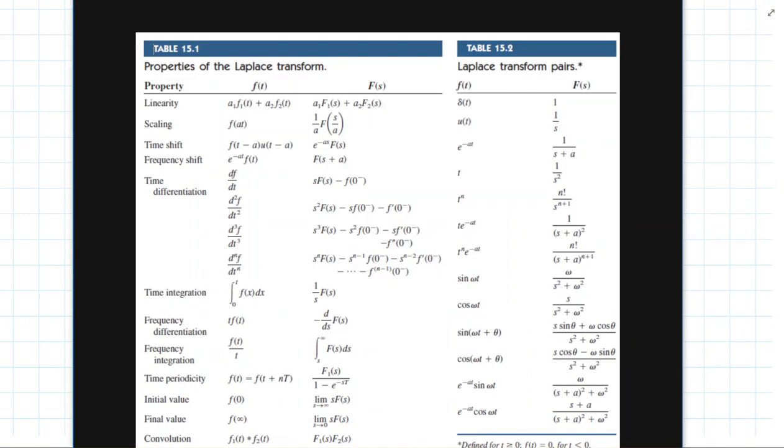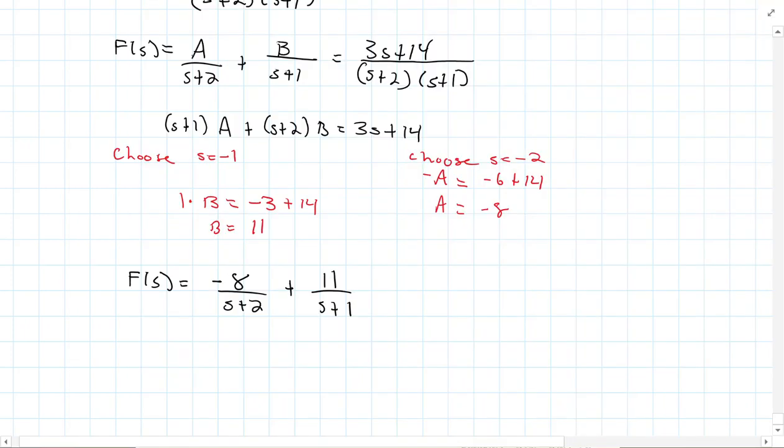But now, using my table here, notice I've got a number over s plus a here. So I can now use my inverse Laplace transforms, and f of t would be equal to -8 e to the minus 2t plus 11 e to the minus t.